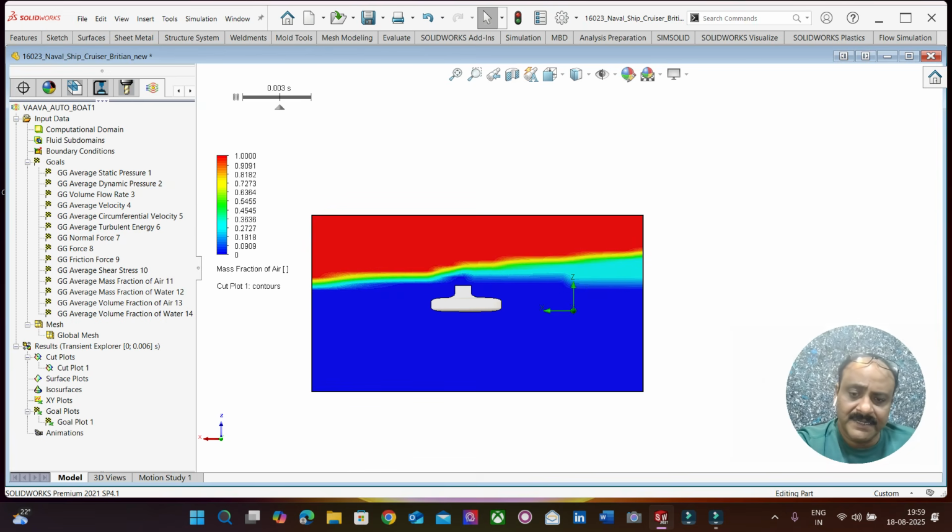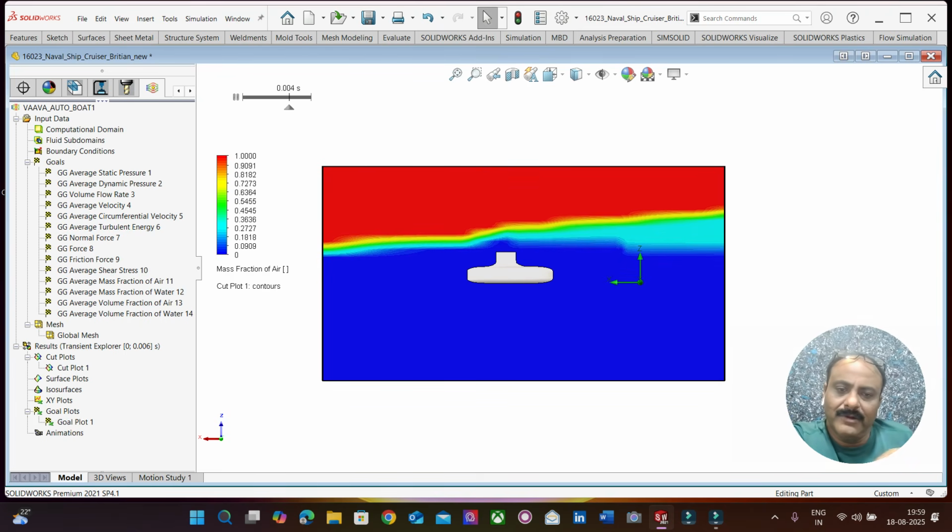When the submarine strikes the air, it is going to carry the air towards the top, and then it is going to create a bend, so it will be something like an aerofoil. We'll be able to find out the mass fraction of air.